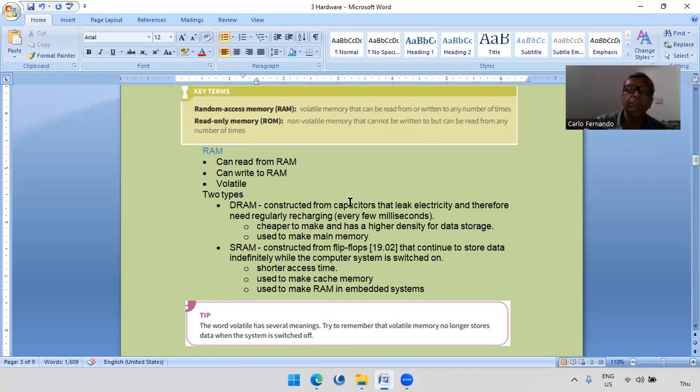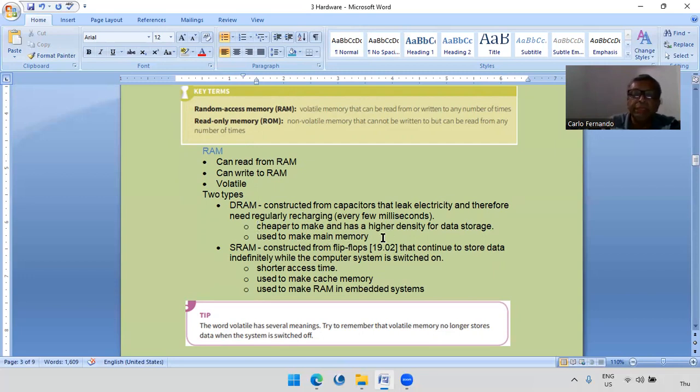If you learn a little bit of electronics and find the properties of it, you charge it and then it leaks. It goes down after some time. Because of that, you need regular recharging. Every few milliseconds, you have to send a charge again, recharge, refresh.